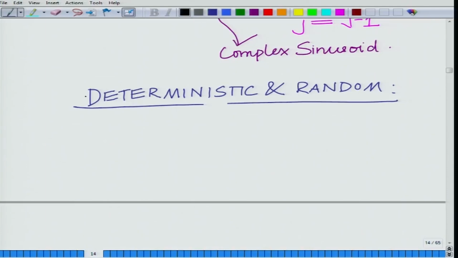These can also be either continuous time or discrete time signals. A deterministic signal is completely specified. It is deterministic, as the English word implies. It is determined.